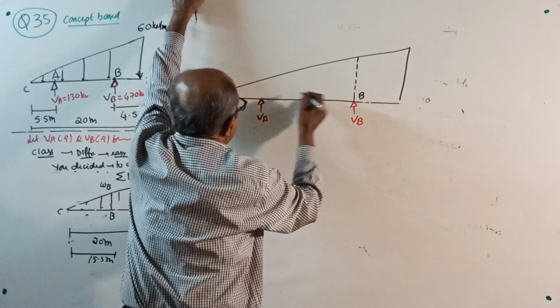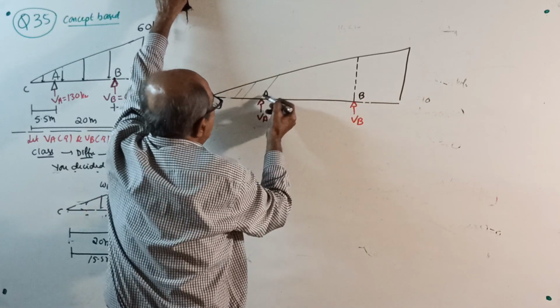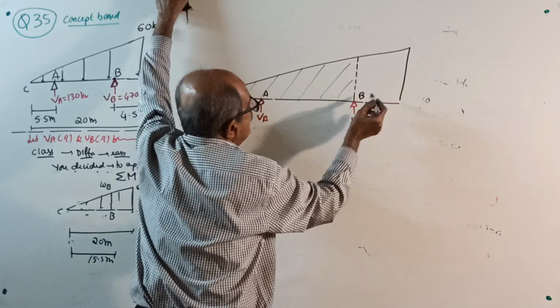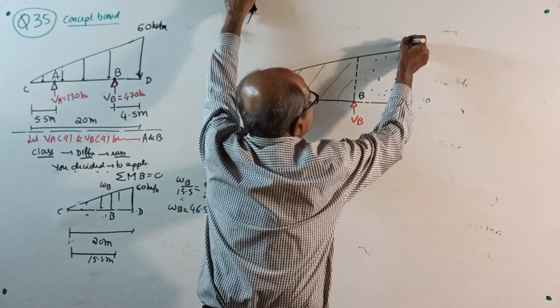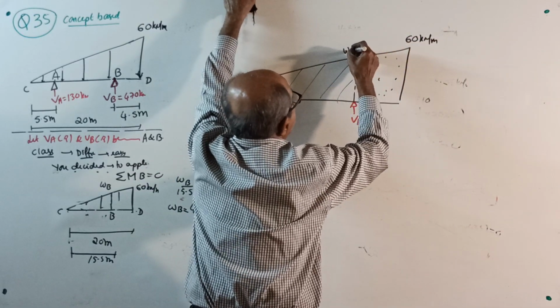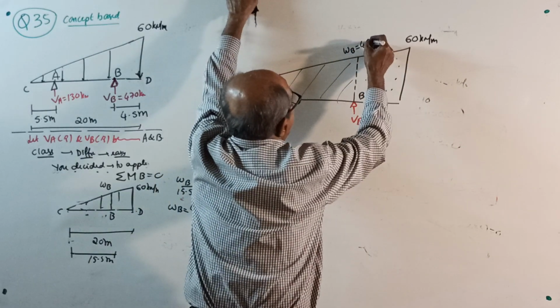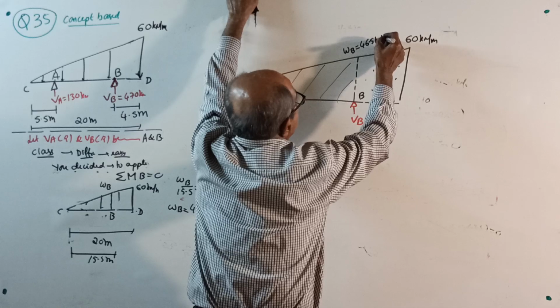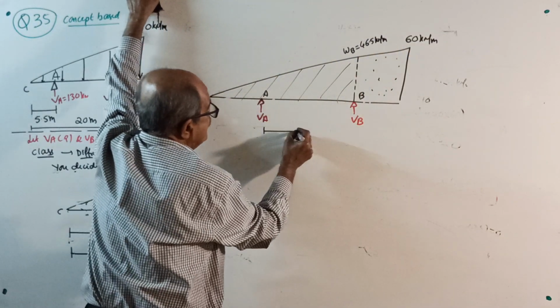This is B, this is A. Therefore, this is one uniformly varying load. This becomes a trapezium. This is 60 kilonewton per meter. This is W at B equal to 46.5 kilonewton per meter. Okay, then now this is 10 meter.